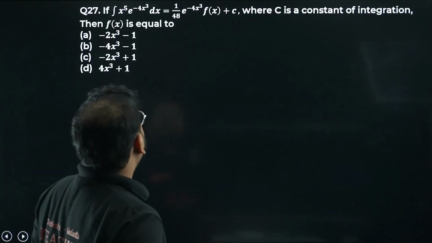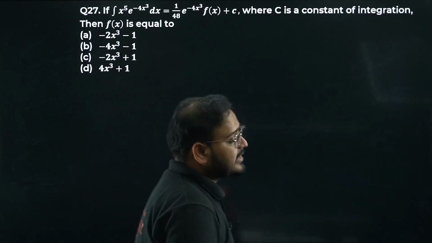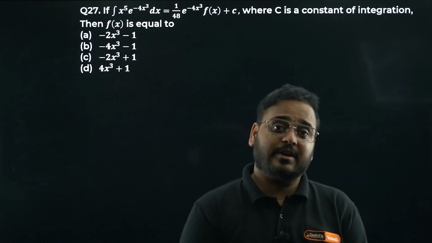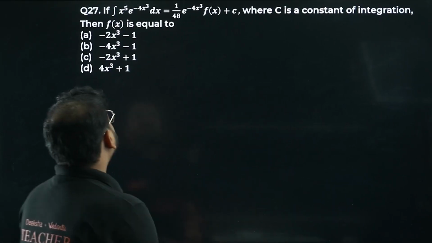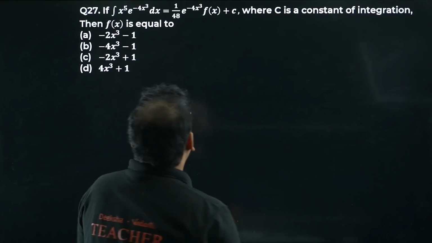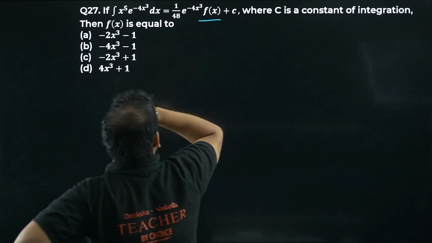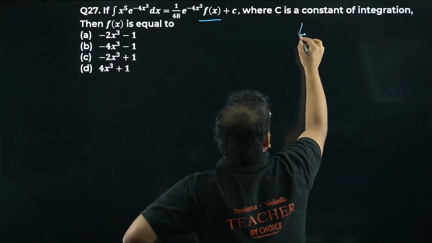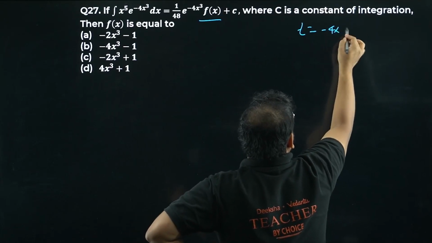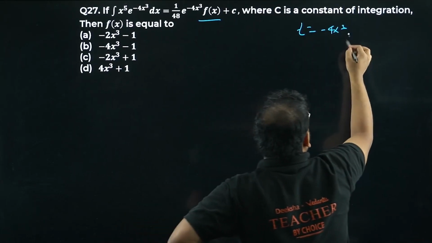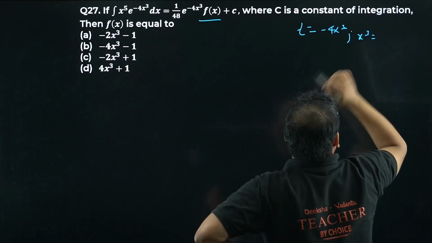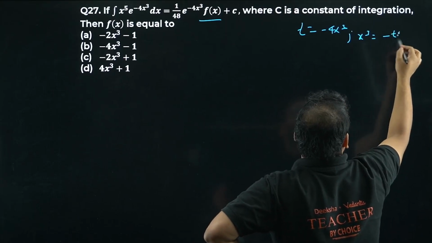As I said, I've taken some questions which are not PYQs but very good questions. Let's see. So can we solve this? Of course we can solve this. They're asking the value of f(x), right? Let's do one thing. Take t equals minus 4x cube. From here find the value of x cube once. x cube will become minus t by 4.